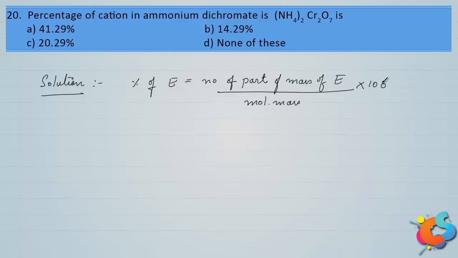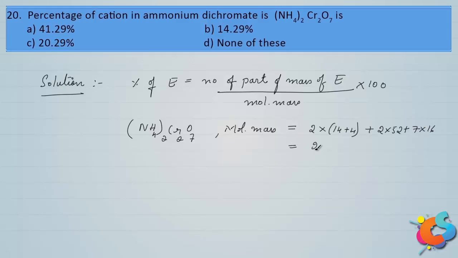And we also have the molecular formula of ammonium dichromate, which is (NH4)2Cr2O7. From this, we can calculate the molar mass, which comes up to 2 into 14 plus 4 plus 2 into 52 plus 7 into 16, and the total is 252 gram per mole.